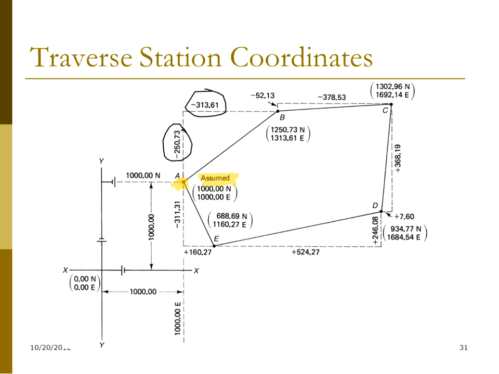If I am located here at 1,000, 1,000, and I travel, let's go counterclockwise, if I travel 311.31 feet south, then what's my northern coordinate of E? 1,000 minus 311.31 gives me the 688.69, the northern coordinate of E. If I start here at 1,000 and I travel 160.27 feet east, then my eastern coordinate is 1,000 plus 160.27, giving me the 1160.27.